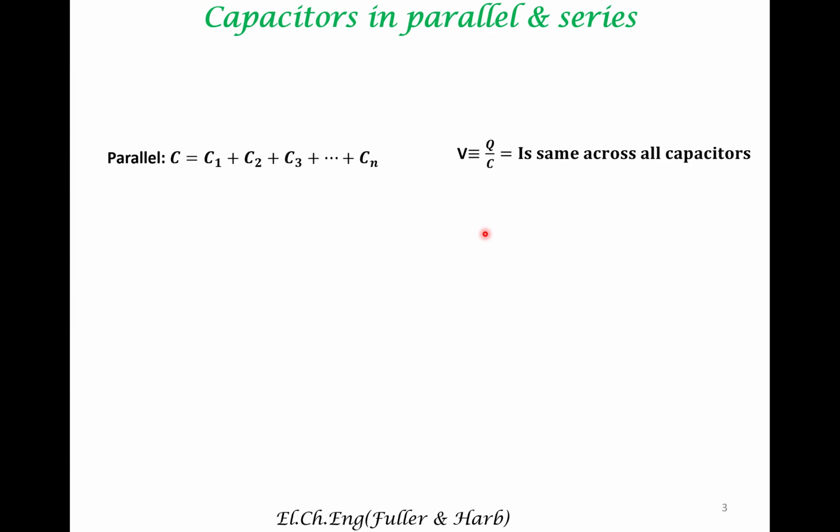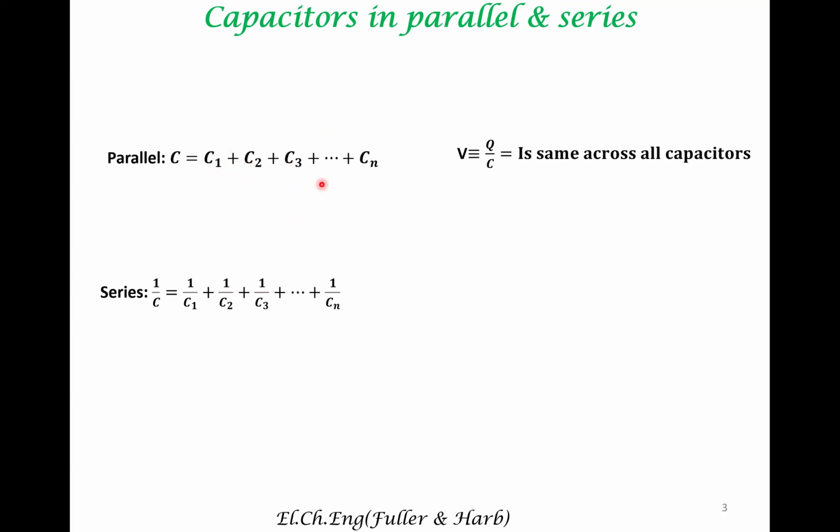Therefore, you can write the overall charge stored as the sum of charges in each of the capacitors that are connected in parallel. So once that is so, you can substitute the formula for Q as C times V, as the voltage is the same across all the capacitors that are in parallel. You can get to this formula, the formula for all the capacitors connected in parallel.